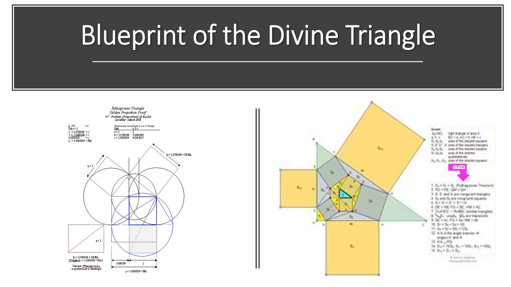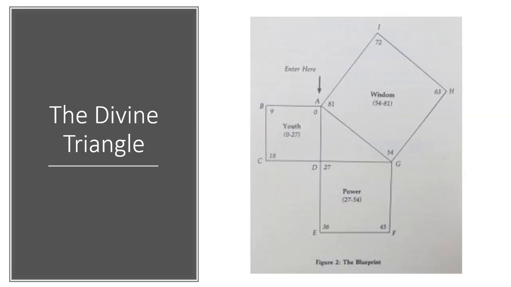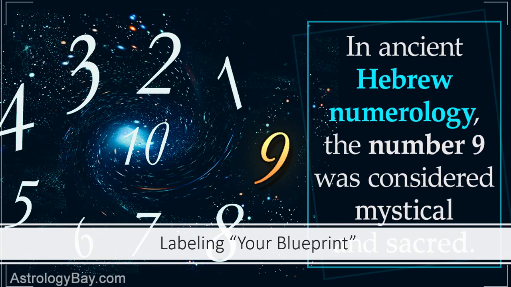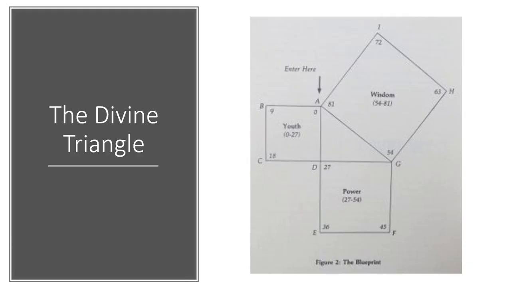However, Pythagoras used the divine triangle for esoteric means. And so here's the divine triangle. Right now I'm going to try to make this as easy as I can, because it can be quite elaborate. But pretty much what the divine triangle is doing is dividing your life from birth all the way until you're 81 years old.